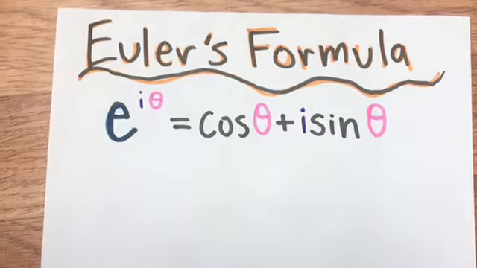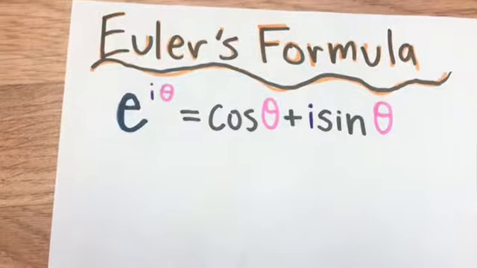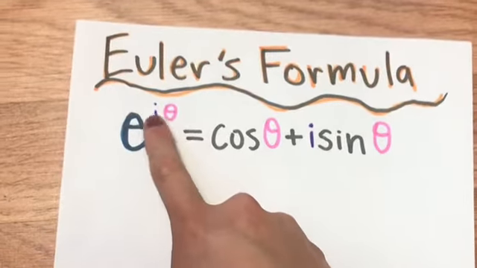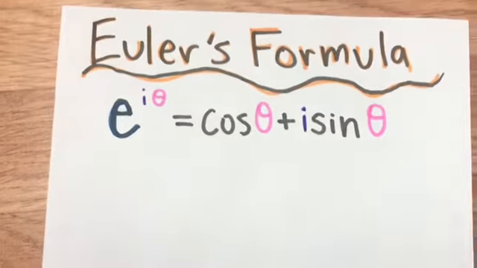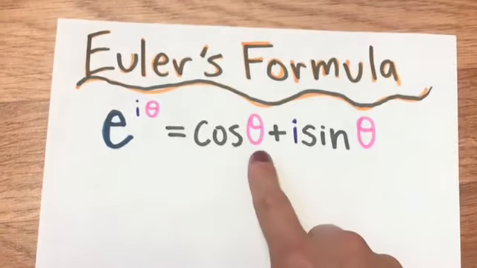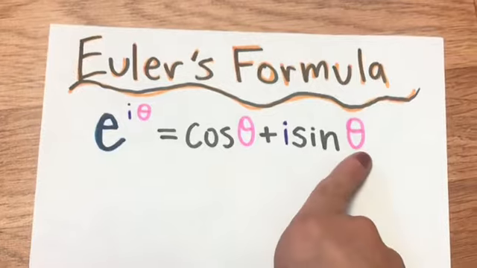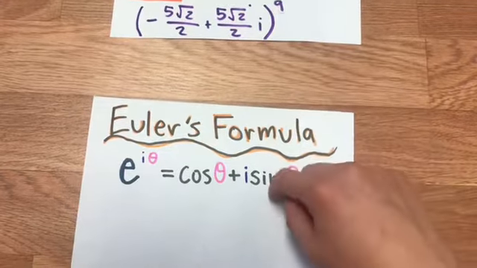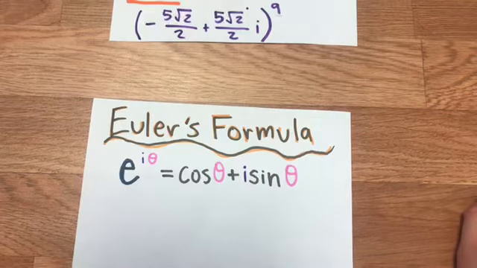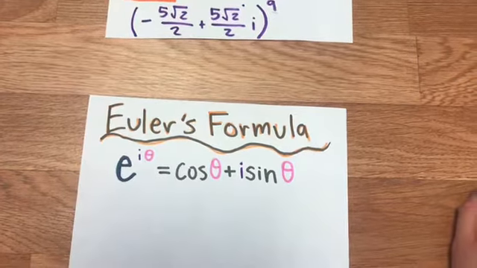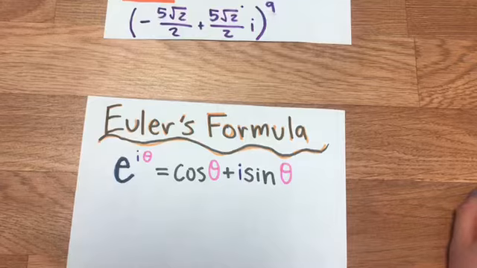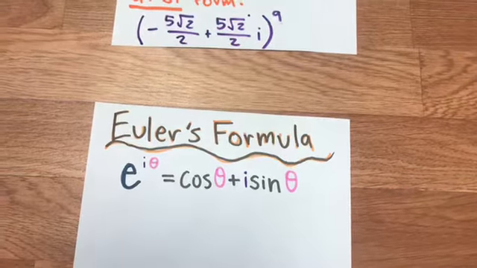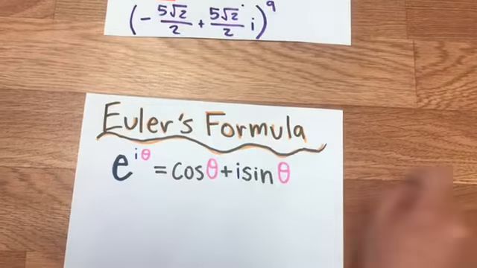This is what Euler's formula looks like: Euler's number raised to the power of i times theta gives us cosine theta plus i sine theta. Having our original problem next to Euler's formula, it's pretty obvious that it is not in the correct form. So before we go any further, I'm going to convert these numbers in the given expression to polar form so that we can apply Euler's formula.